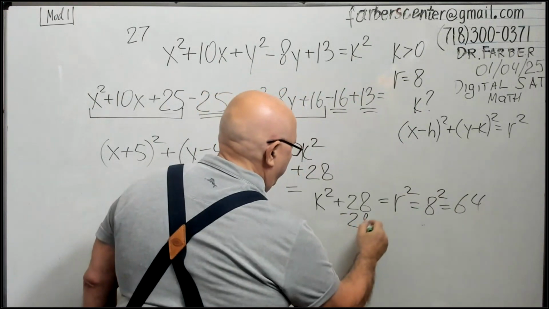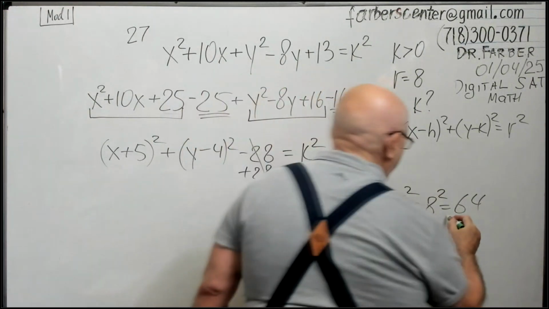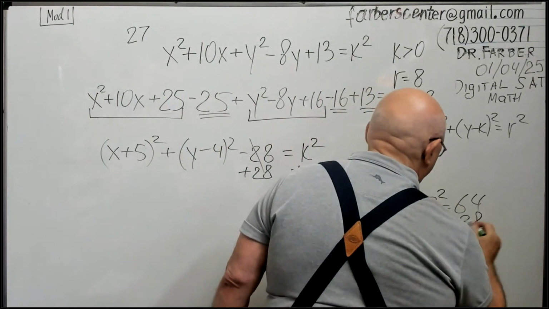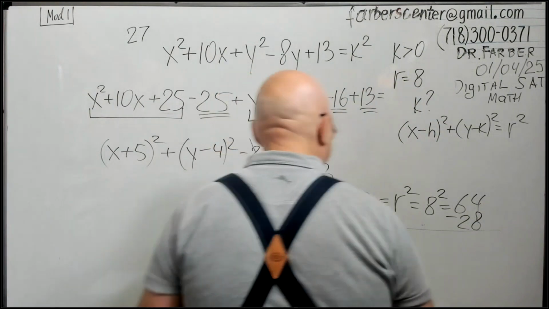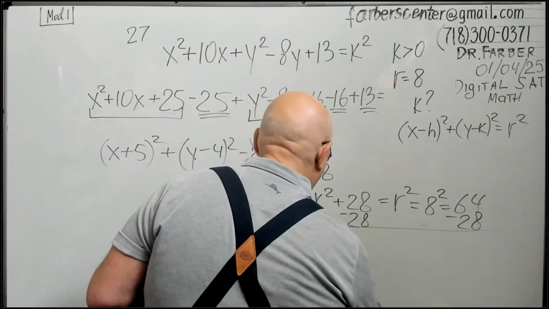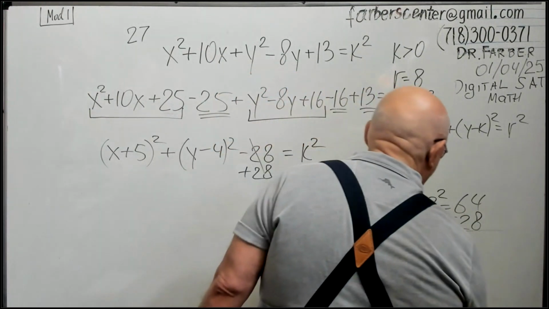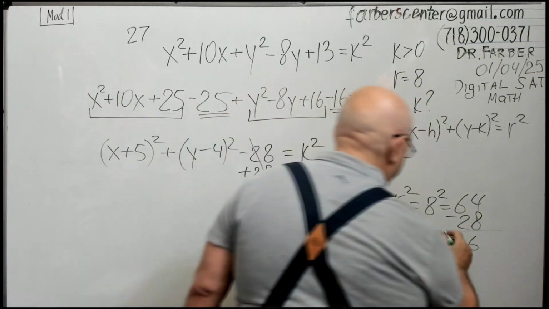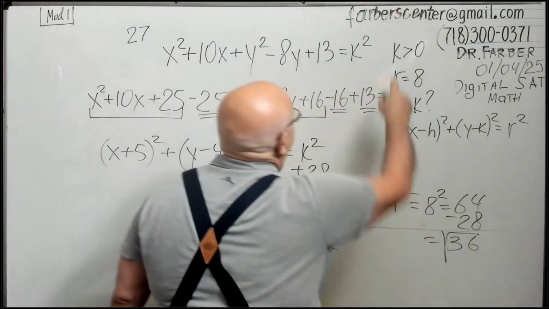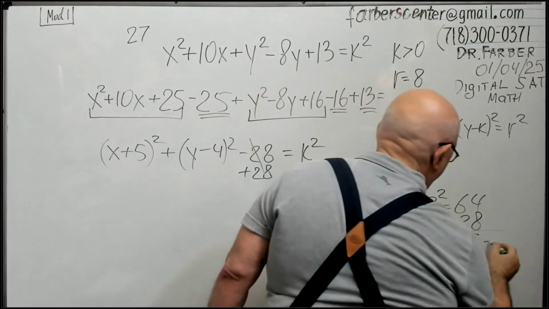Minus 28 and minus 28. So far so good. When you subtract this, what do you get? k squared equals 36. You take the square root of both parts, and since k is positive, it would be 6.